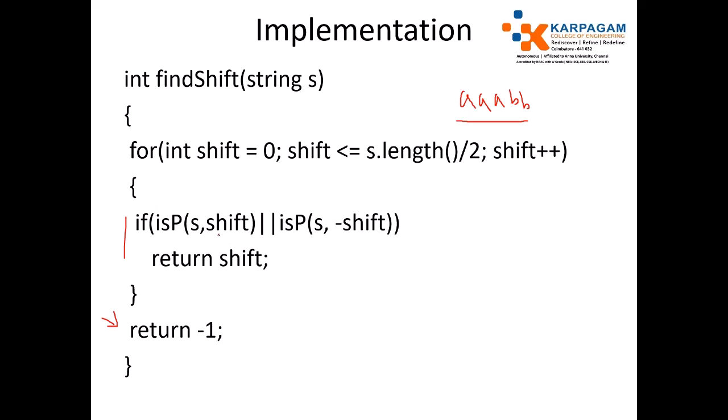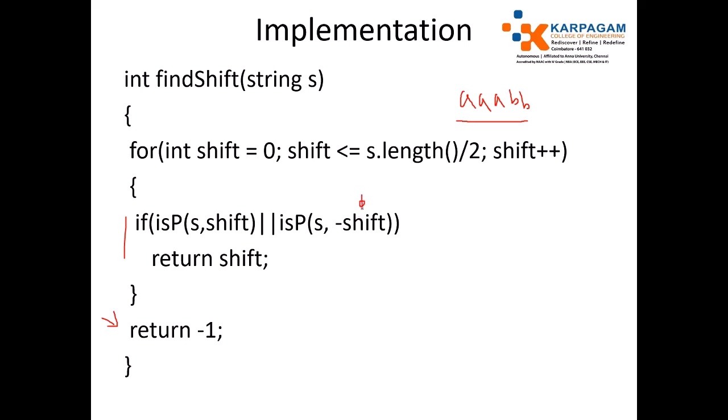If you give 1, you take one character, the first character from the string, and add it to the tail, and check whether it is a palindrome or not. Now, is p of s comma minus shift. If it is 0, it means that we have made no shift.